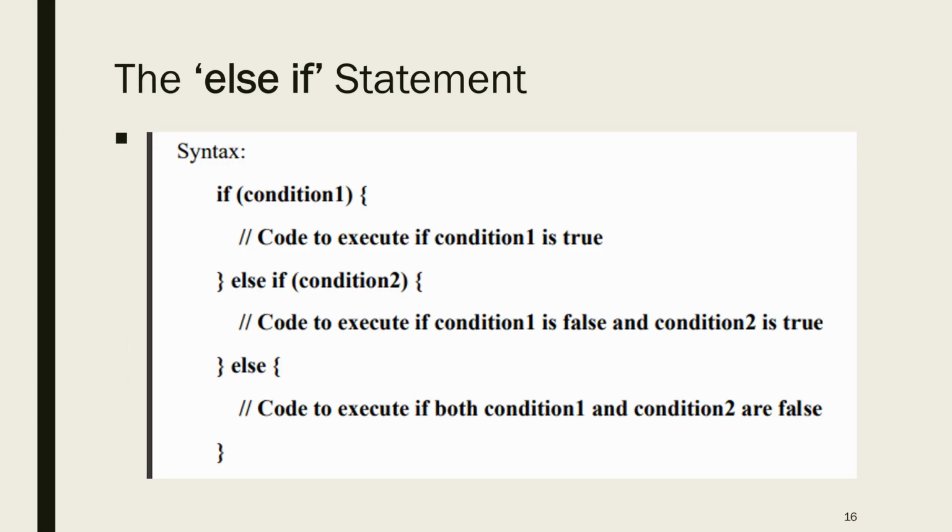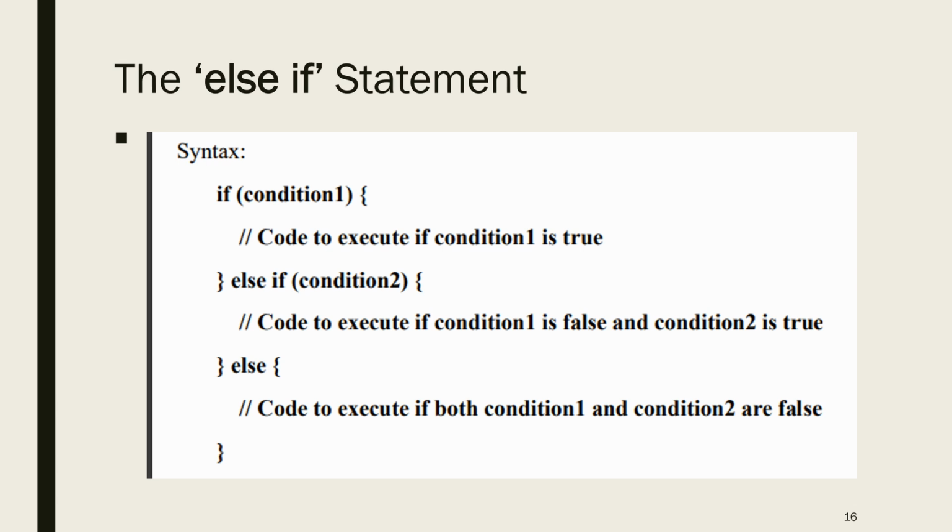This is the first possible outcome, the first condition you want to check. So if condition 1 is true, these actions will be performed. But if condition 1 fails, then you want to check another condition, right? That's why we said you're checking multiple conditions in sequence. So if one fails, you want to check another one. If that other one fails, you want to check another one in that order. So if condition 1 fails, you want to check condition 2.